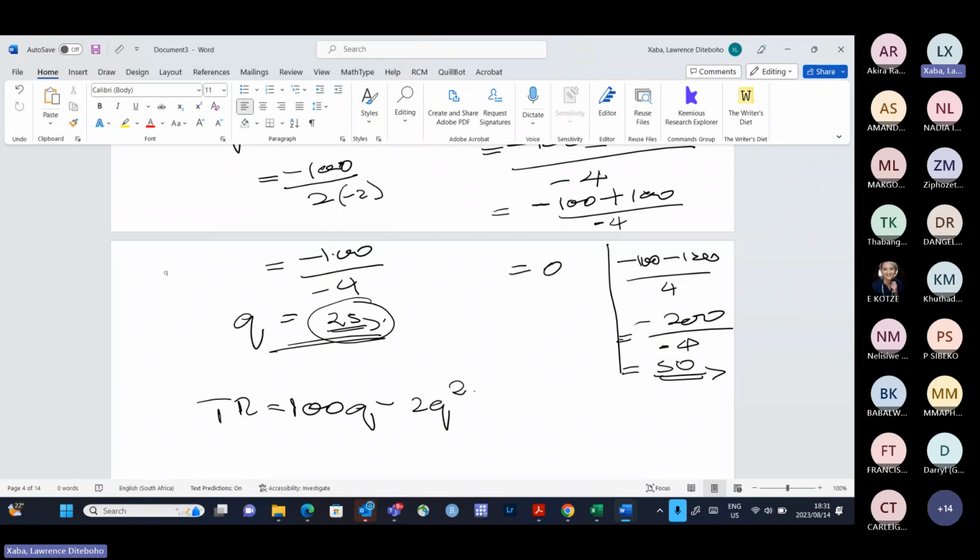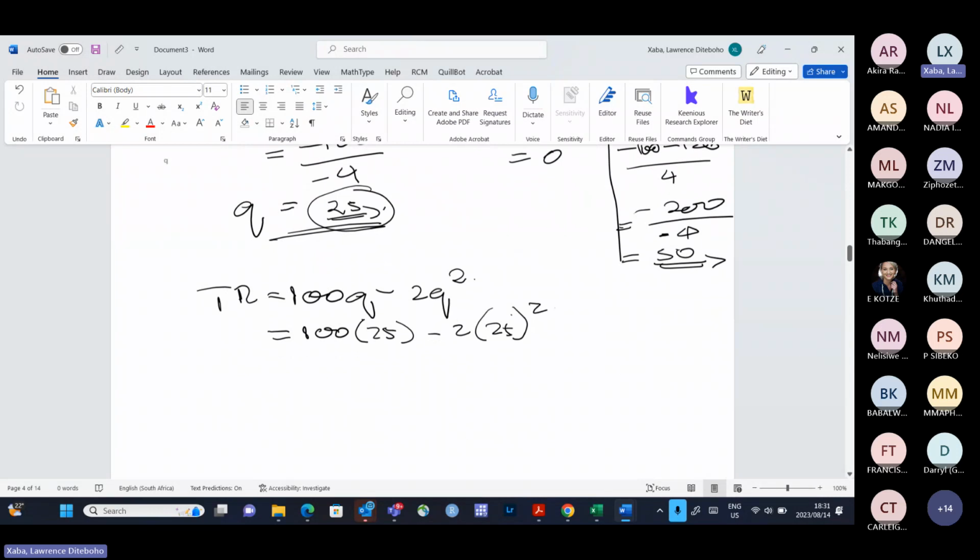In this equation where we see Q, we put 25. Then we have 100 times 25, minus 2 times 25 squared. Simplifying, 100 times 25 gives 2,500, minus 25 squared times 2.